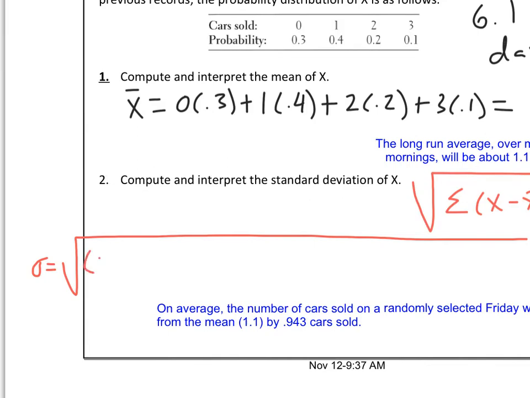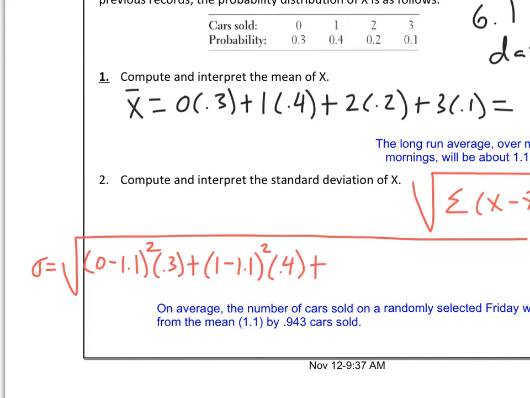So first outcome is 0 minus the mean, squared, times 0.3. So this is what I was talking about. If you had wanted to, you could just say dot, dot, dot underneath the square root, and then equals 0.94.